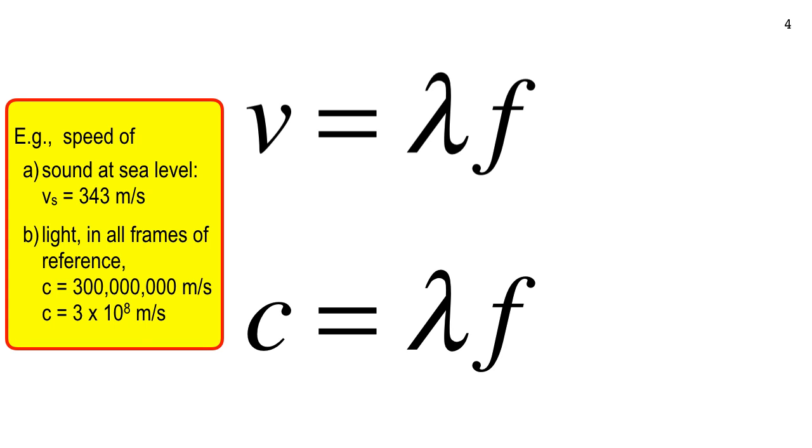The speed of light in all frames of reference, in a vacuum anyways, so for instance in outer space, but the air that we breathe is close enough to a vacuum that light travels through air at about this same speed, 300 million meters per second. In scientific notation, C is equal to 3 times 10 to the 8 meters per second.